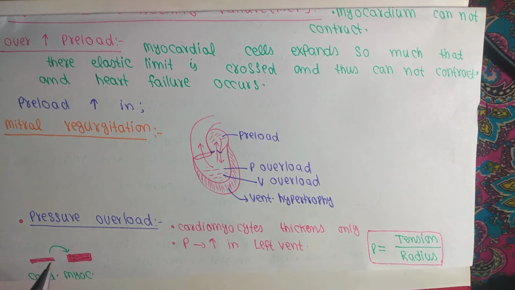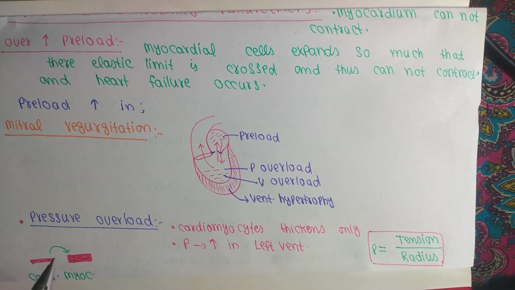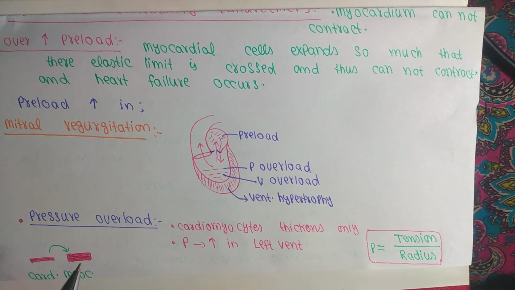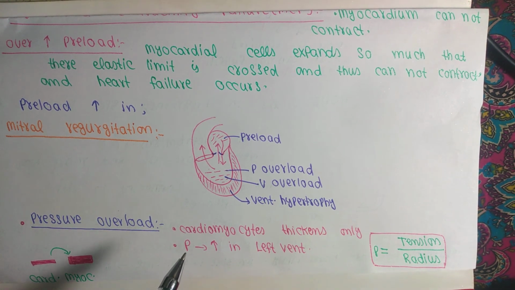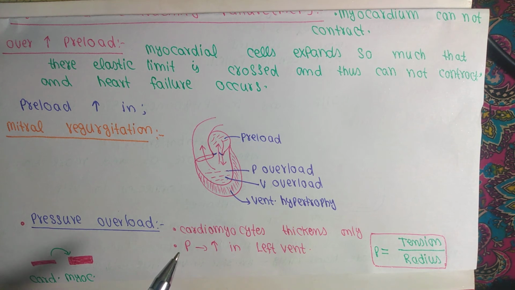This is a cardiac myocyte. Its thickness is increasing as I have shown, but remember to note that no increase will occur in the length of the cardiac myocytes. So in pressure overload, only pressure is increased and the thickness of the cardiac myocyte is increased.